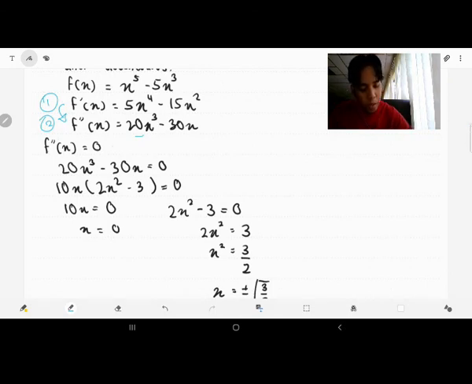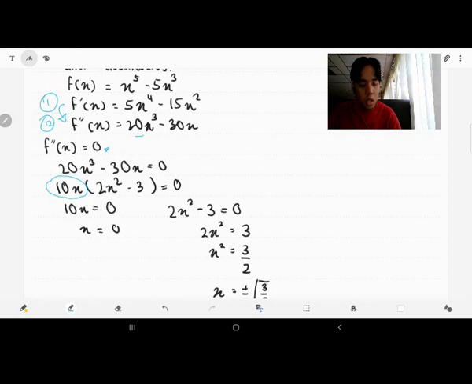So we put f double prime x equal to 0. We get 20x^3 minus 30x equal to 0, and then we can simplify by taking out the smallest value. For this equation, we take out 10x.